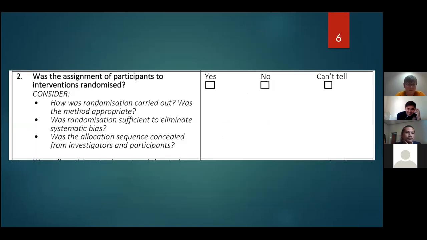So let's move on to the second question. Was the assignment of the participants to the intervention randomized? For this, we have to consider how the randomization was carried out, whether the method was appropriate, whether the randomization was sufficient to eliminate systematic bias, and whether the allocation sequence was concealed from the investigator and participants.